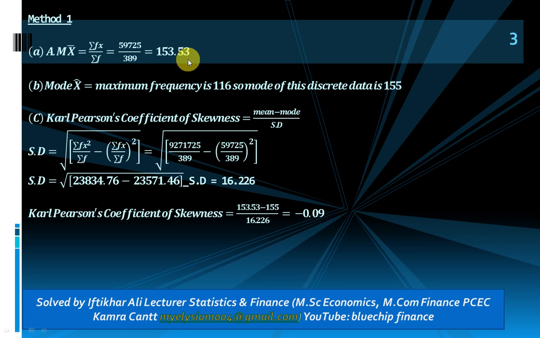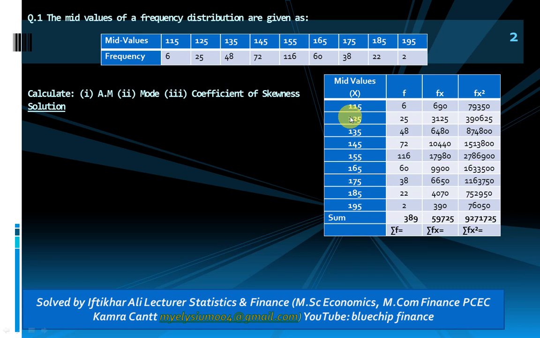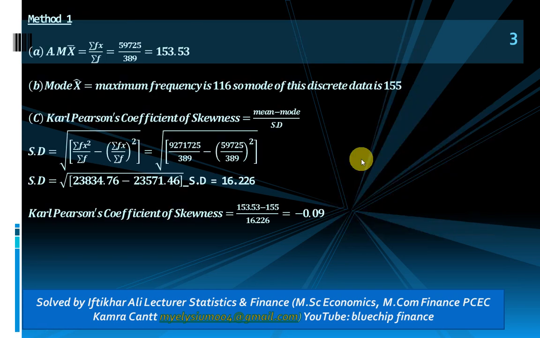But in the case of mode, if we want to calculate mode through the discrete data method, we just find the maximum frequency, and that is 116. In front of 116, what is x? X is 155. So mode will be 155.